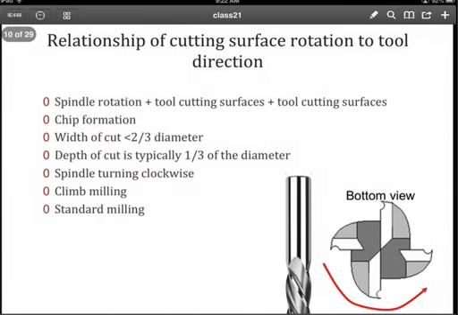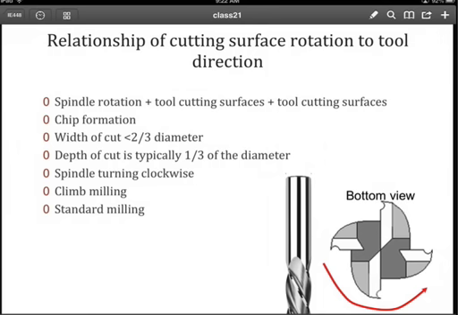When you look at the cutting surface and the rotation of the tool, as you can see here looking at the bottom of the end mill, the spindle rotation plus the tool cutting surfaces are going to affect, again, how that material is being removed and how it is being heated in terms of that cycling.